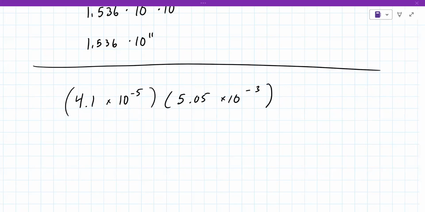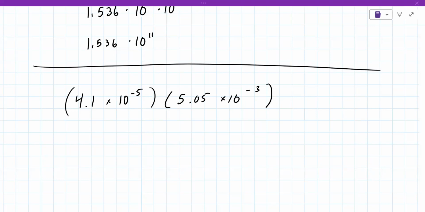Yeah. So that would be, let's see, 4.1 times 5.05 equals 20.705, times 10 to the minus 7.